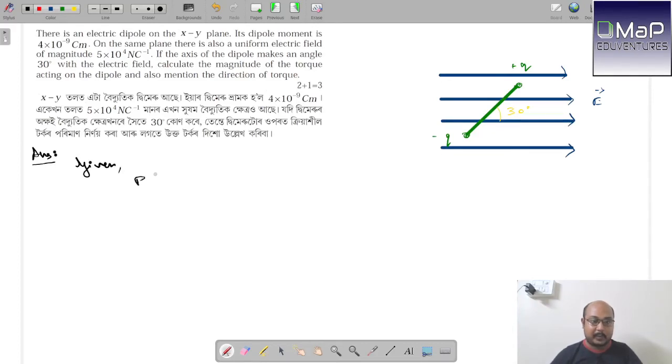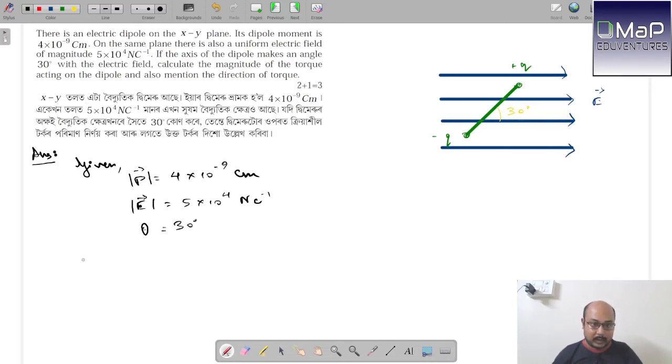Given: the dipole moment p is equal to 4 into 10 to the power minus 9 coulomb meter, and the magnitude of the electric field is given as 5 into 10 to the power 4 newton per coulomb. The angle between these two is 30 degree.